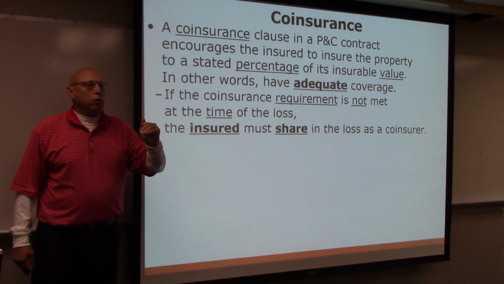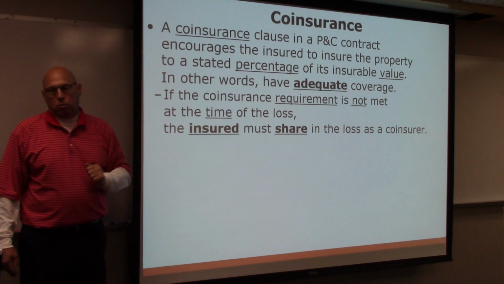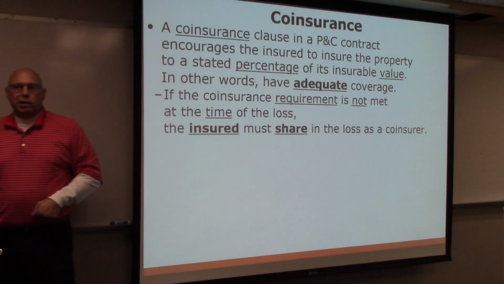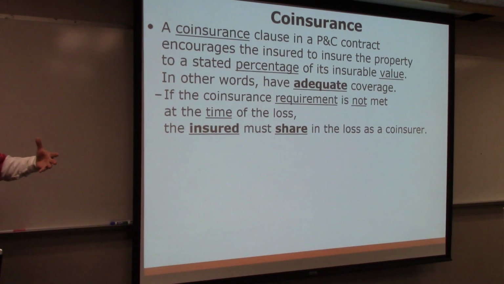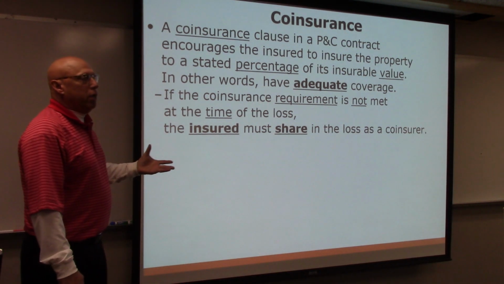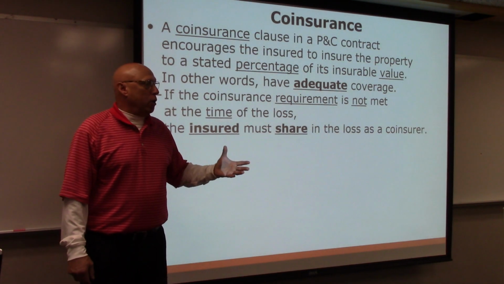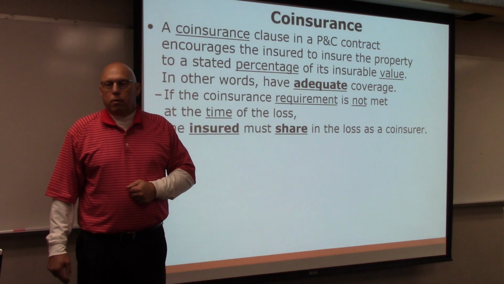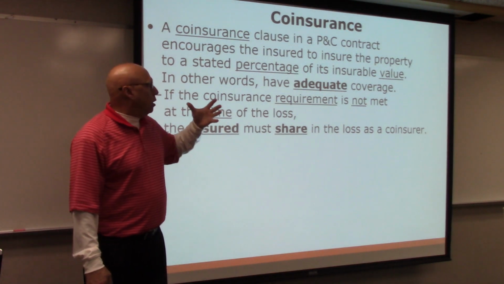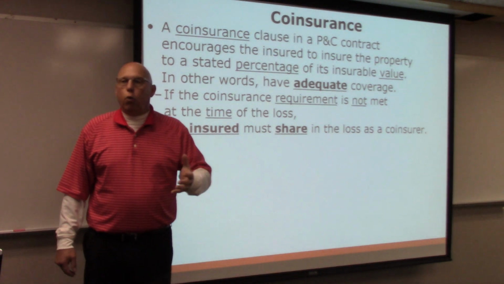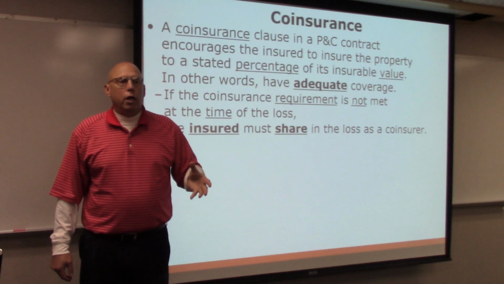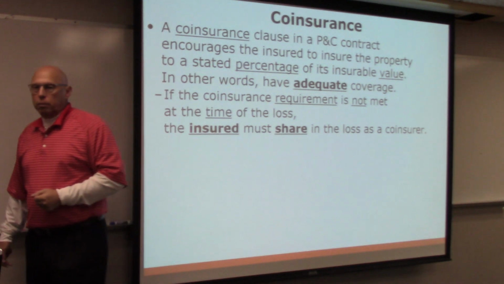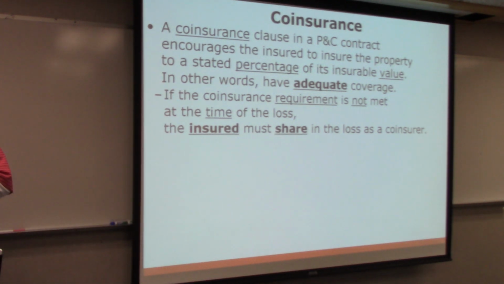Co-insurance is different from co-pay or co-payment. This is to keep someone who has a $1 million building from taking out a policy that covers $100,000. If everyone was allowed to do that, no one would take out full coverage, and the cost would be astronomical to the insurance company, and so would the premiums.